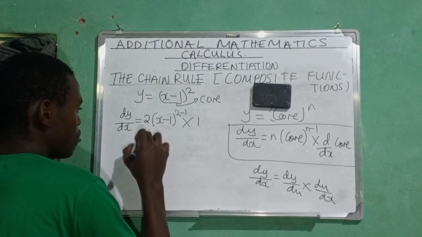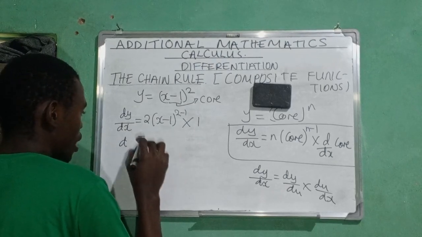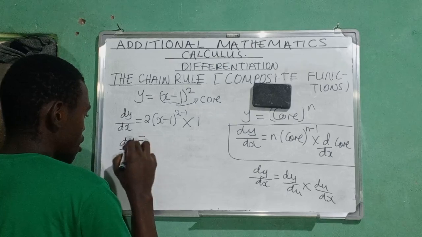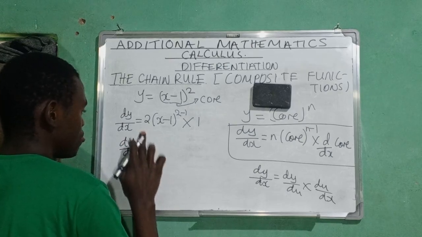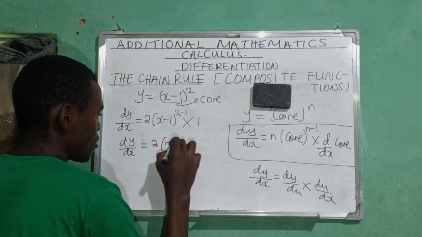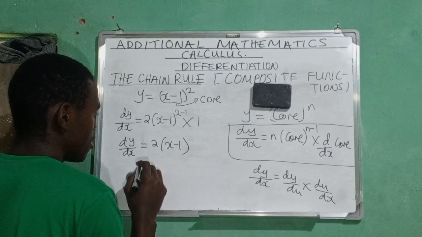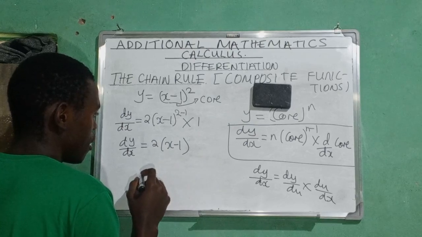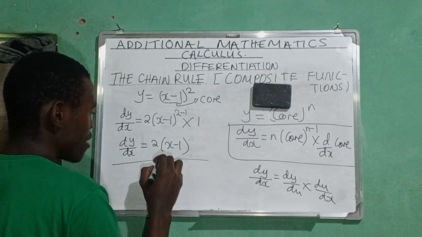So we're going to have dy/dx is equal to 2x minus 1. That's it. And that's your final answer.